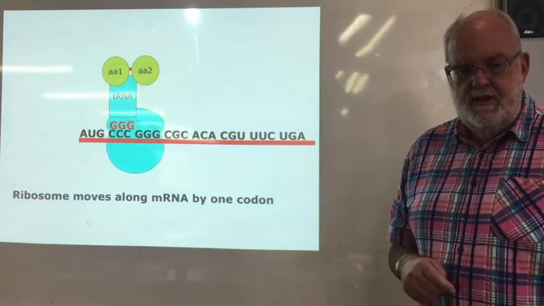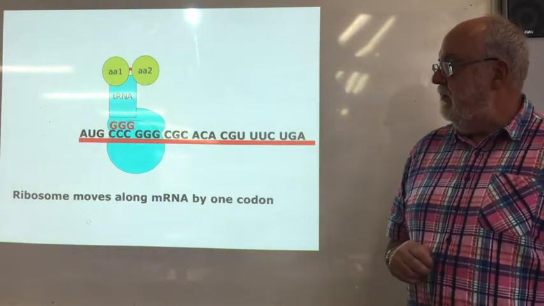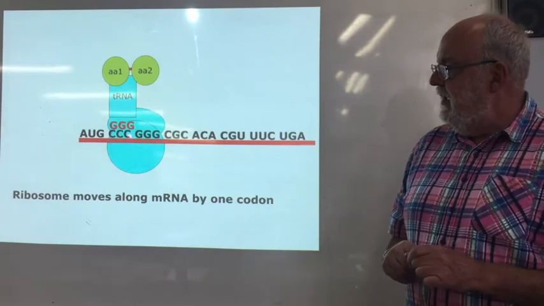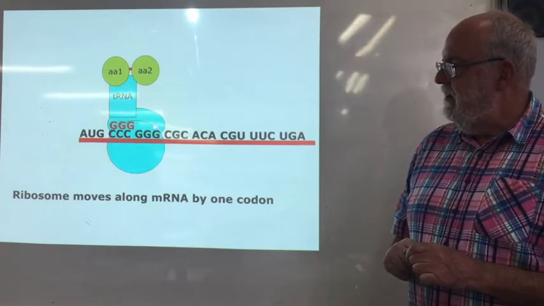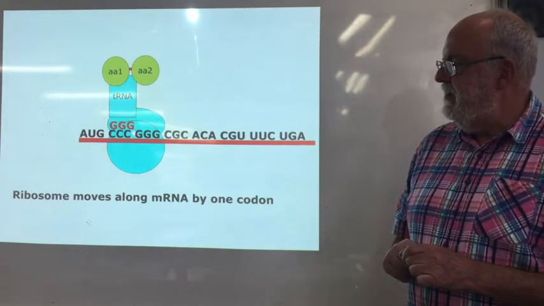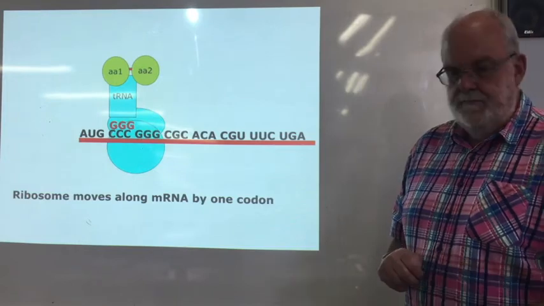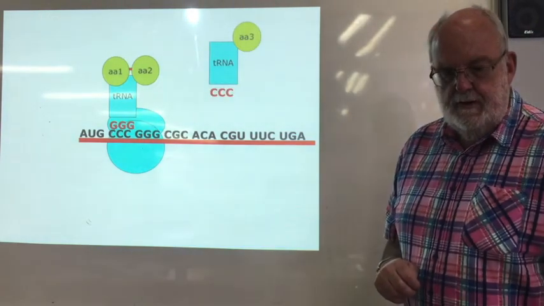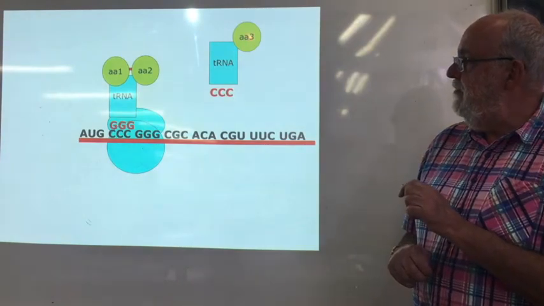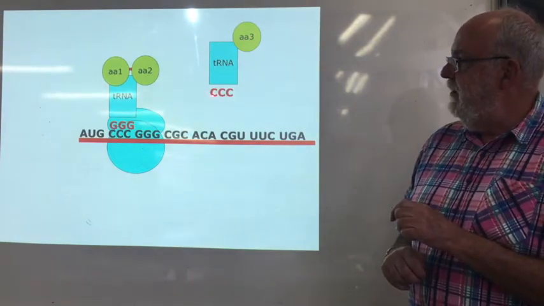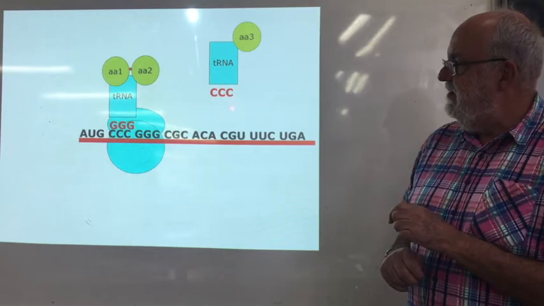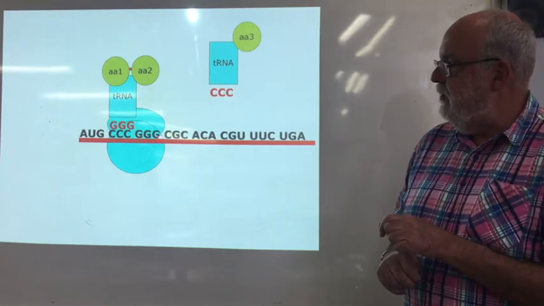The ribosome then shunts along 1 codon from right to left, exposing this next set of bases in the codon. So there we are, another amino acid, a different one, with the anticodon cytosine, cytosine, cytosine, which is going to join nicely onto the 3 guanines there.